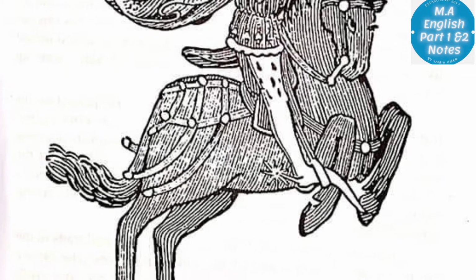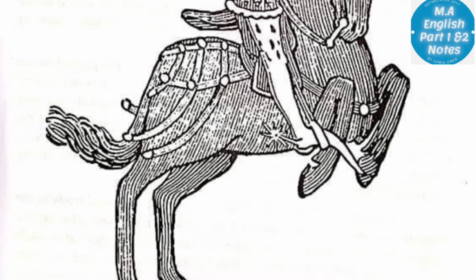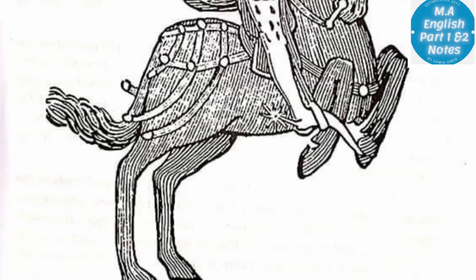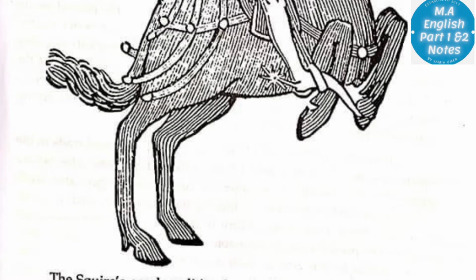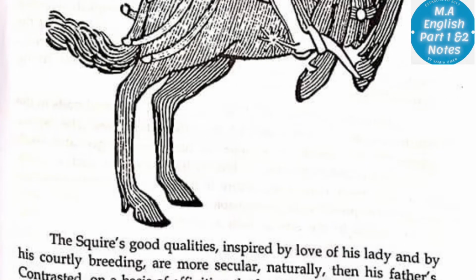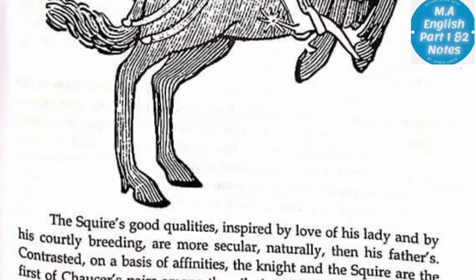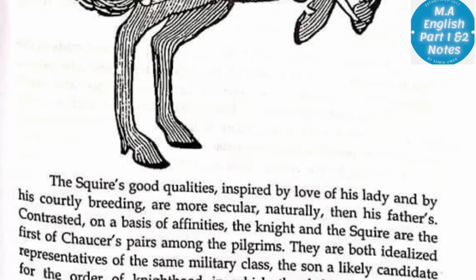The squire's good qualities, inspired by love of his lady and by his courtly breeding, are more secular naturally than his father's, contrasted on a basis of affinities. The knight and the squire are the first of Chaucer's peers among the pilgrims. They are both idealized representatives of the same military class.